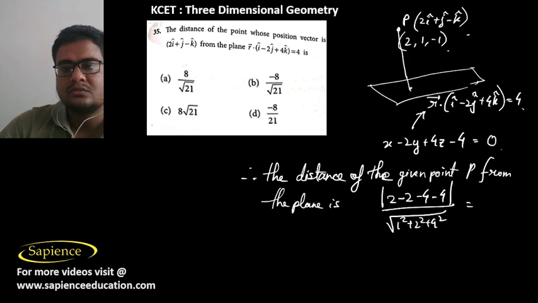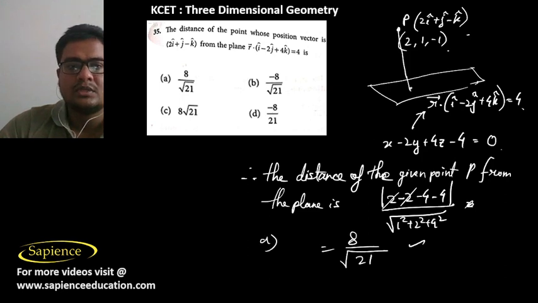So 2 and 2 will cancel out. Mod of minus 8 is 8, divided by square root of 1 plus 4 plus 16, which is root over 21. So 8 by root 21. Option A is the correct answer.